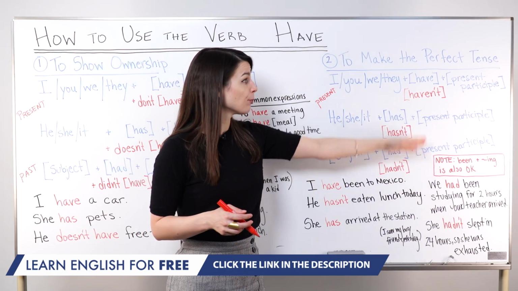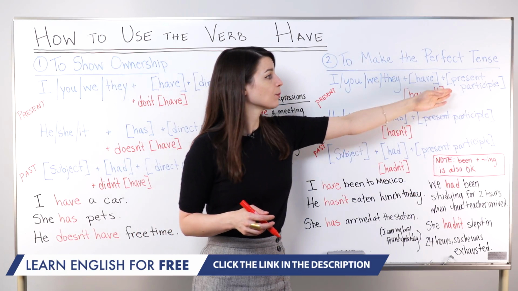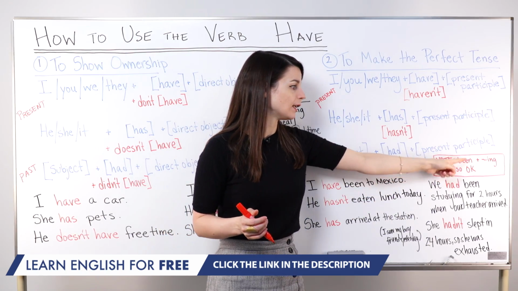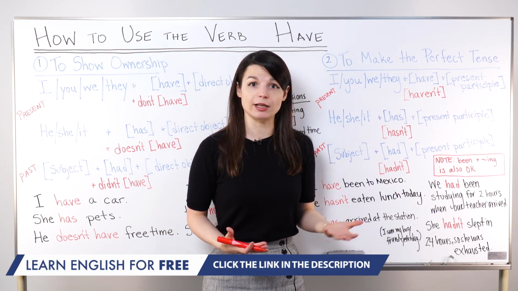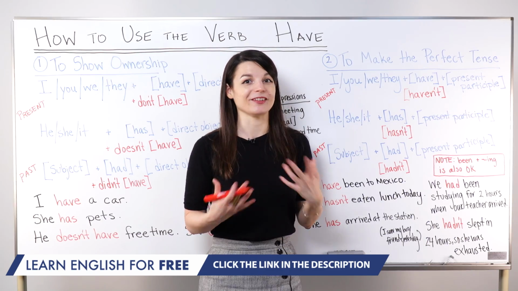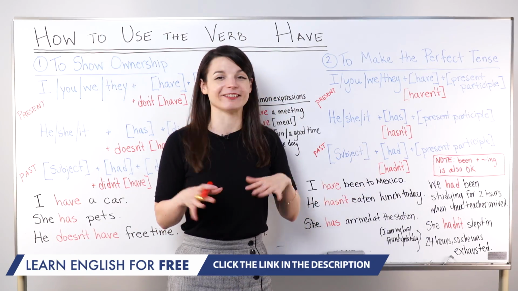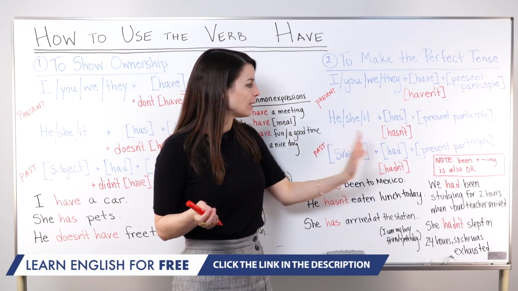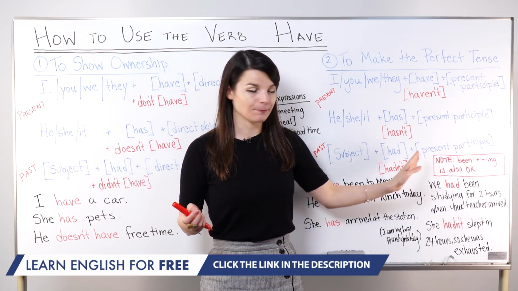And note, for both of these, I've used the participle at the end here, but yes, you can use been plus ing. You can use the continuous form. I'm just not covering it in this lesson because there's not enough space and time for me to talk about all of it. But we can use this as well, yes.